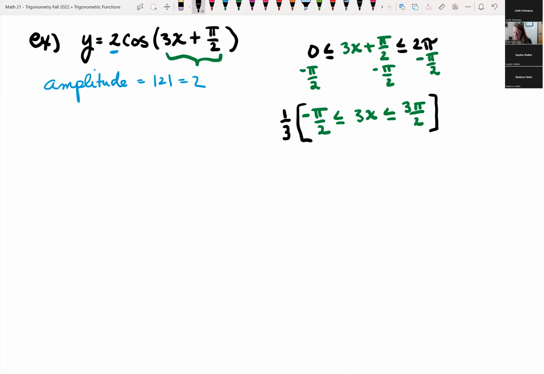So I have 1/3 times negative pi halves, so that's negative pi 6, is less than or equal to 1/3 times 3x, which is x, is less than or equal to 1/3 times 3 pi halves. Just for now, let's leave that where I don't reduce the fraction, and that will just help us when we're looking for the length of the period, so we have a common denominator. So 1/3 times 3 pi halves is 3 pi 6.